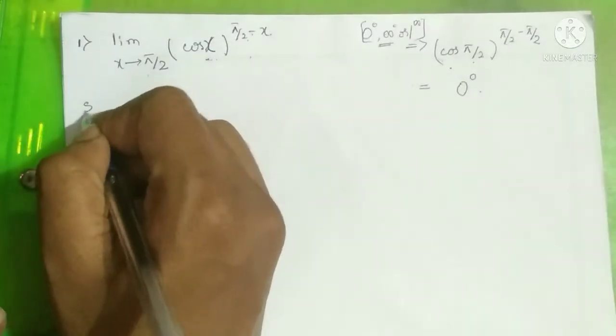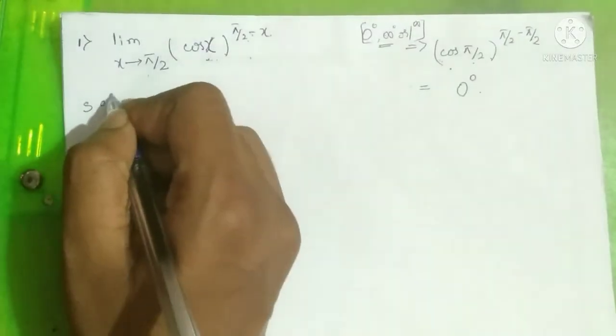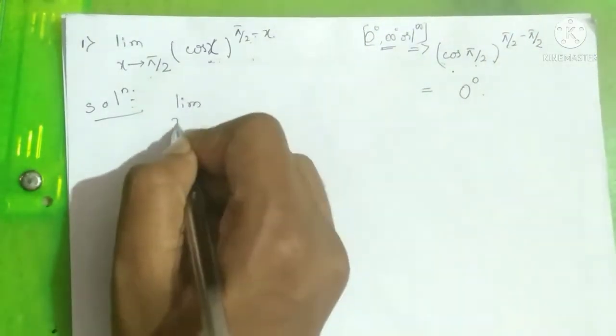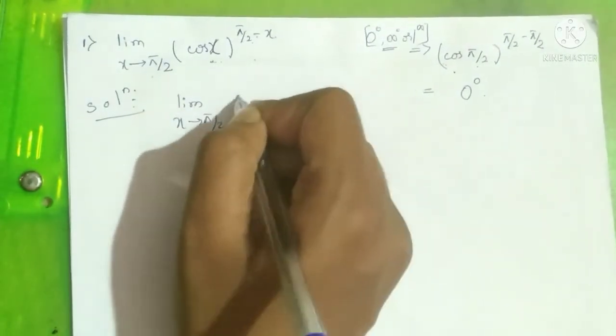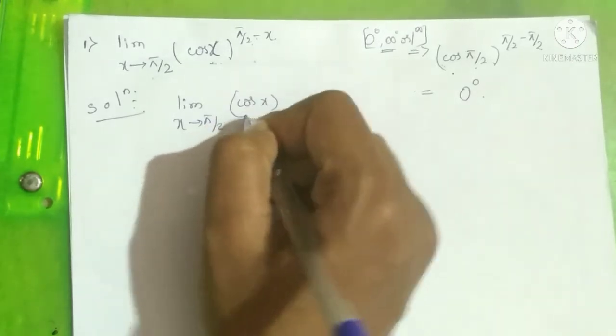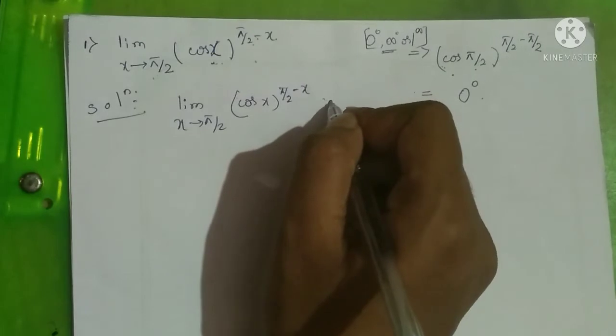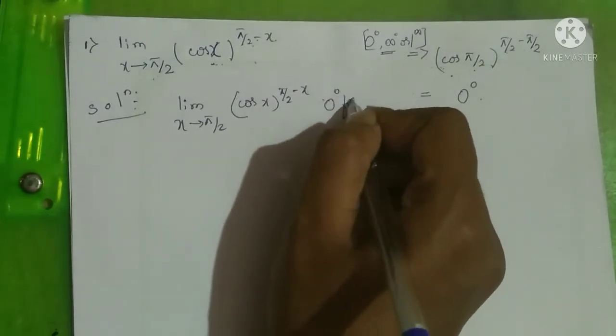So the given function is in the form of 0 to the power of 0 indeterminate form.